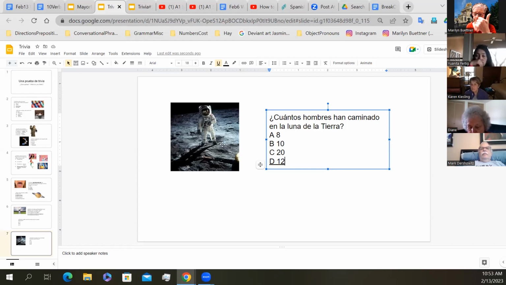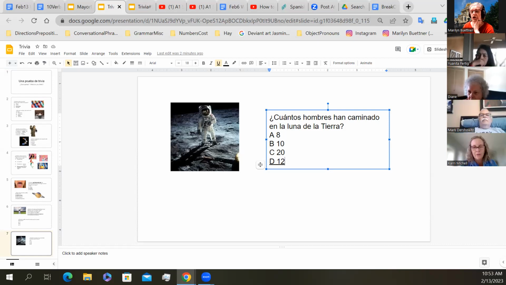Buzz Aldrin, Pete Conrad, James Irwin, Neil Armstrong, Alan Bean, Alan Shepard, Charles Duke, David Scott. Wow. Let's see, Edgar Mitchell, Harrison Schmitt, Gene Cernan, Richard Gordon, and Bill Anders. Wow. Okay. Some of those names are not even the least bit familiar. No. Todos hombres, todos hombres blancos.